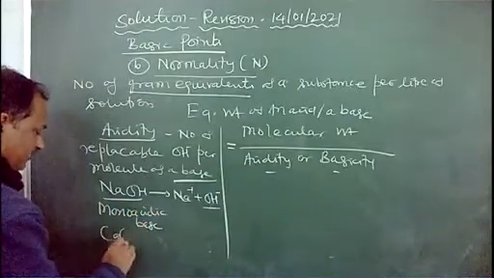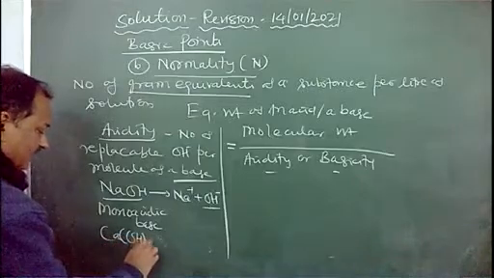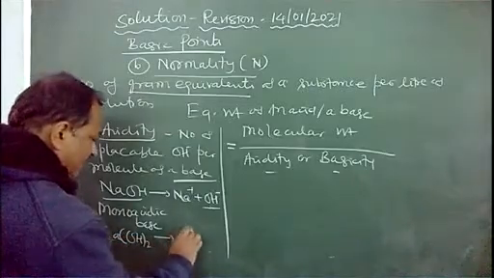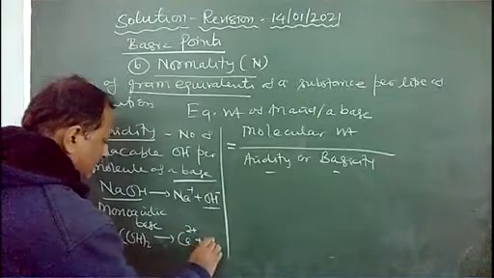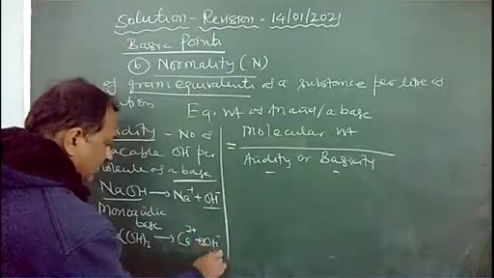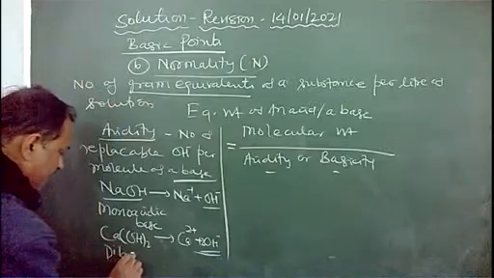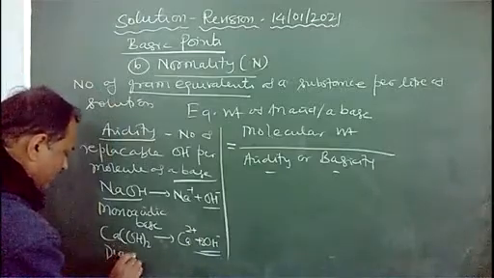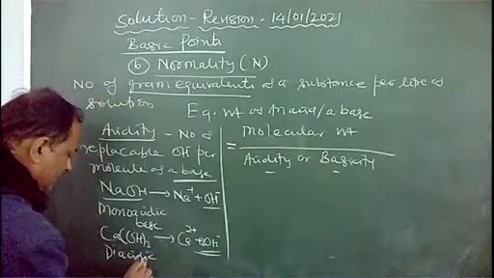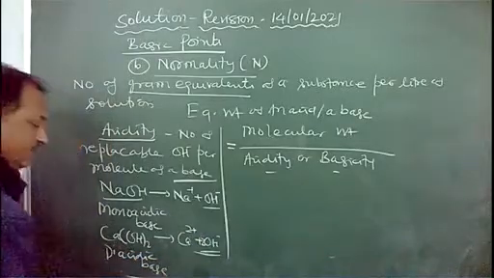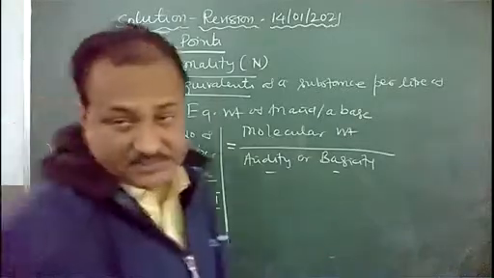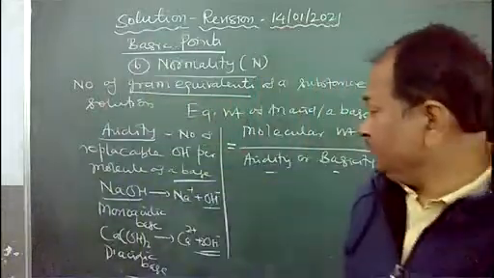On the other hand, if you take the case of calcium hydroxide, Ca2+ and here OH, and here it is 2, so it will be diacidic. It is a diacidic base.